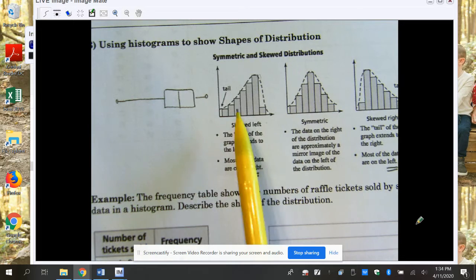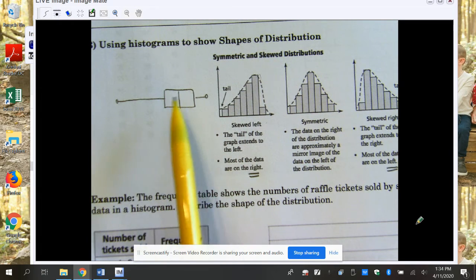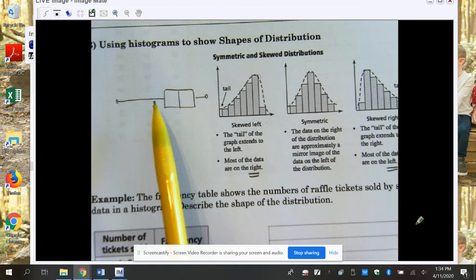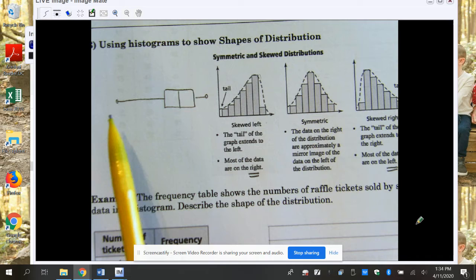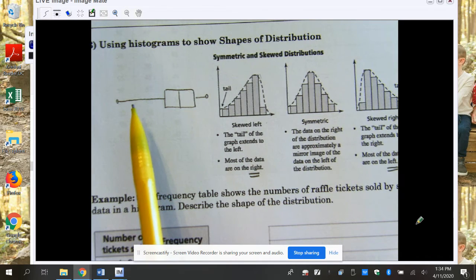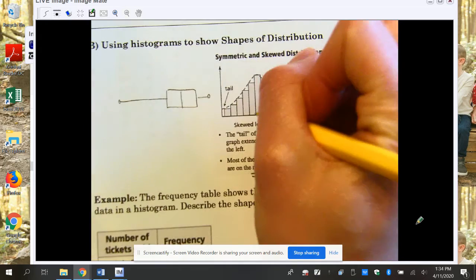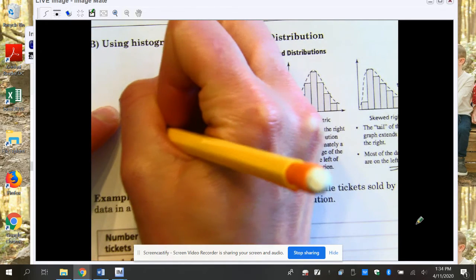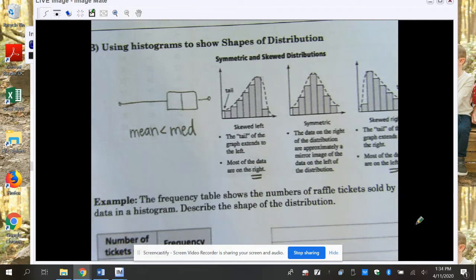These shorter bars would essentially be making the whisker longer on the left side, and that's skewed left. So remember what that means is that you've got this lower value pulling your mean lower than what it really should be.